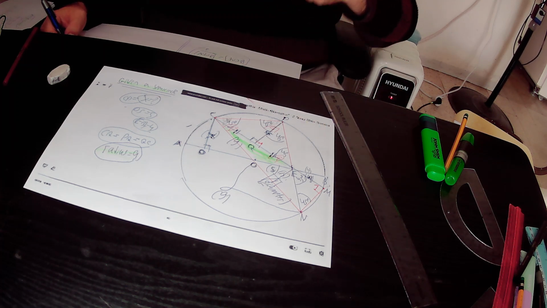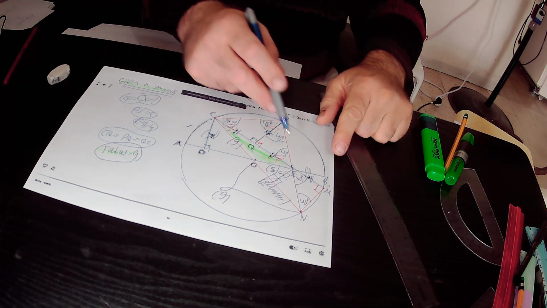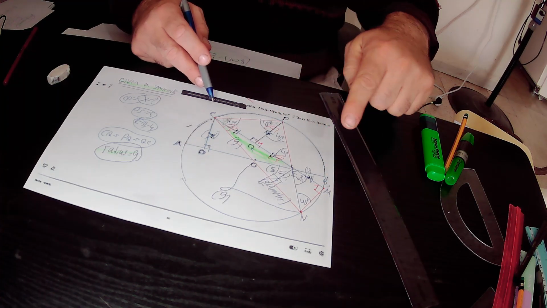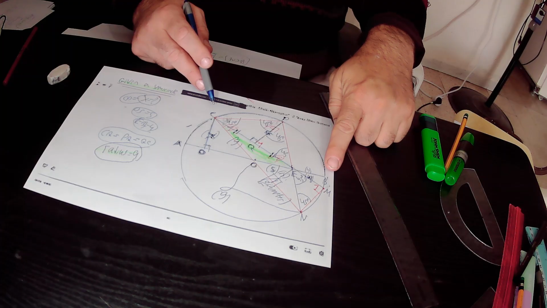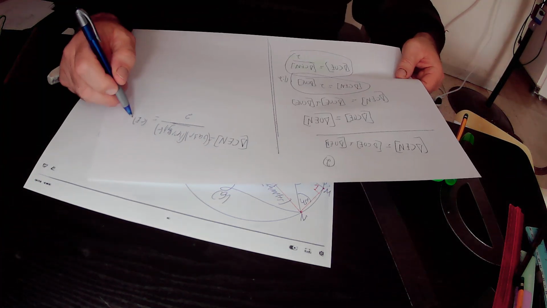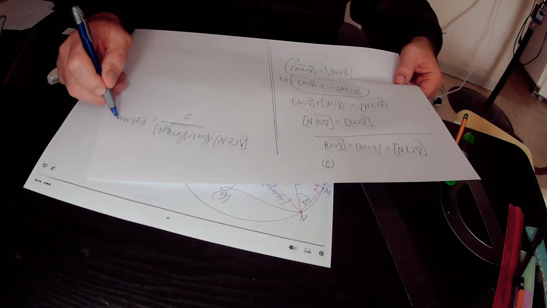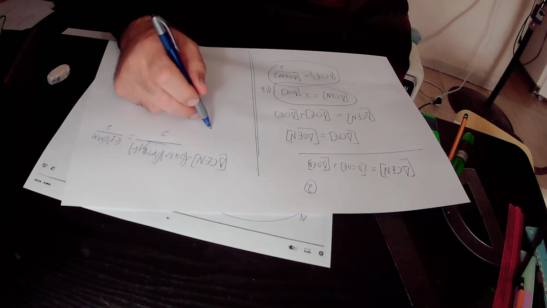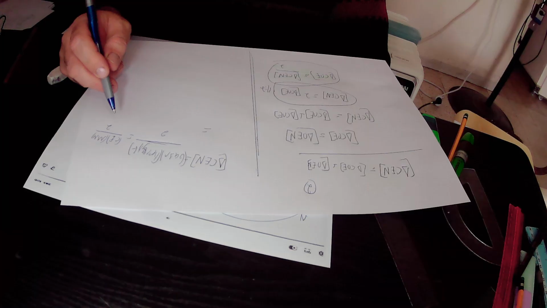It's very easy to see that NM creates 90 degrees with the extended base CM, because this is the right angle. So MN is the height to the extended base CM. MN is the height. Divided by 2. So in total, we found out that the area of the big triangle CEN equals the base CE times the height MN over 2.